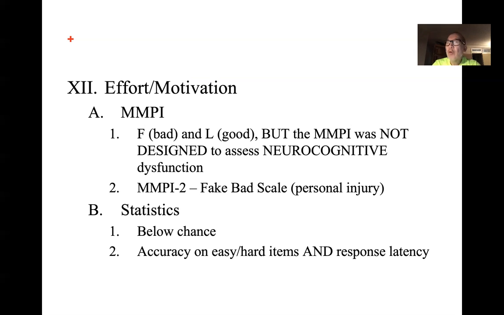You also want to look at accuracy, how they're doing on easy and hard items. Someone suffering from real brain pathology will do clearly better on easy items than on more difficult items. If someone is doing poorly on both, it may be evidence that they're suffering from such severe pathology.